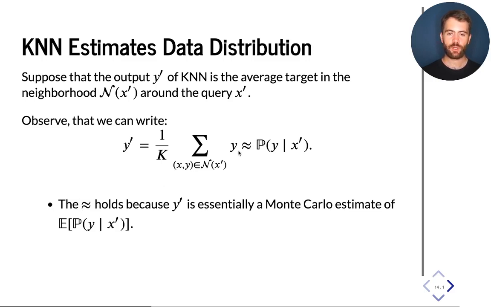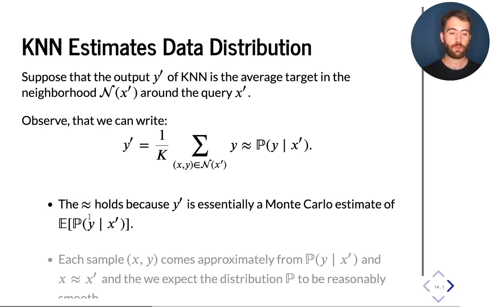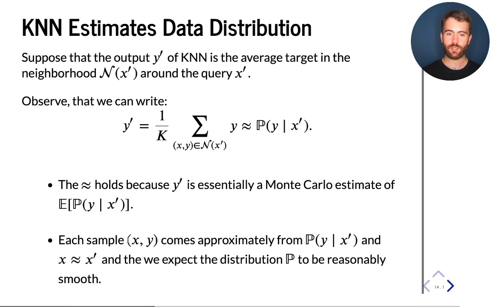Essentially, this approximate equality holds because y prime is a form of Monte Carlo estimate of this expected value. So you can think of this expected value here as being, well, first of all, we saw that all the samples x, y come from this distribution.